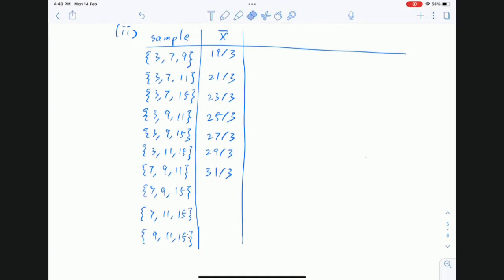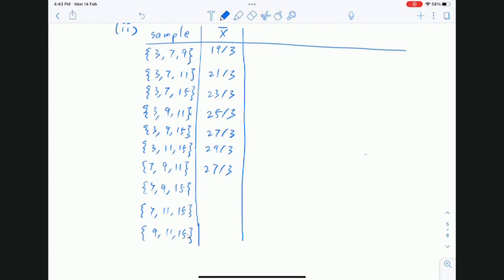Sorry, this is not 31. This is 27. And then we have 31, 33, and then 35. So this will be the sample mean that we will obtain for each of these possible samples that we collect. If you draw a sample of 3 without replacement from this population, if you get this one, then the sample mean you obtain will be equal to this.